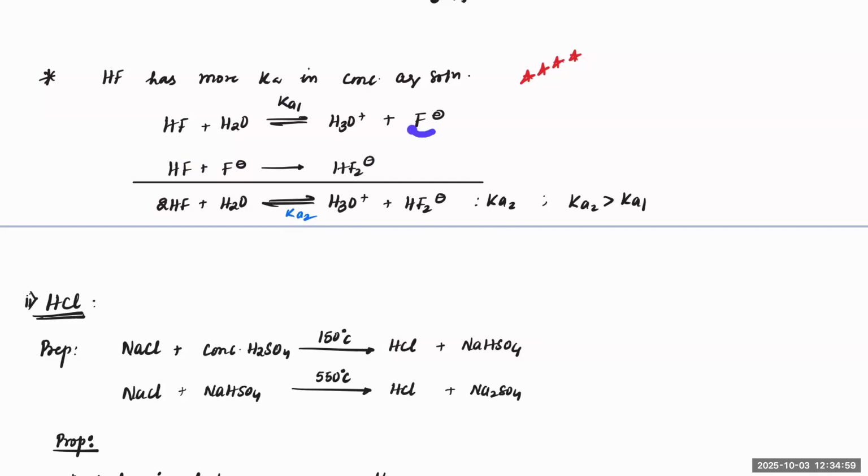So the concentration of F minus is consumed, right? So where does the reaction go? More in the forward direction. So the concentration of H3O plus is increasing. Clear now? This is the K2 value, this is the K1 value, so you can see K2 is usually greater than K1.